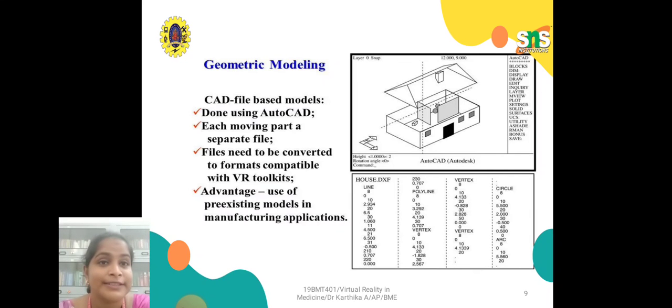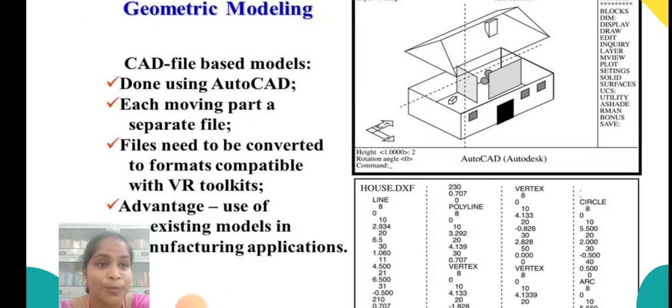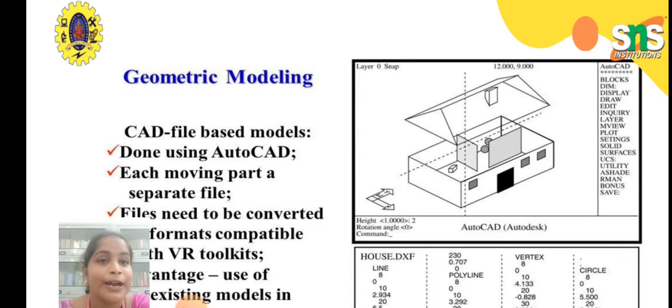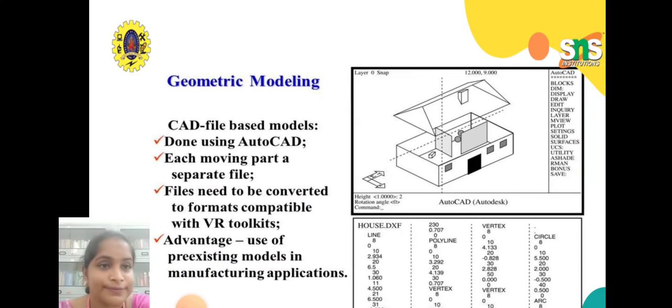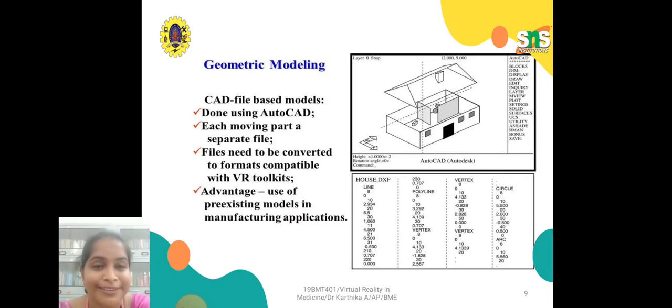See here the CAD file based models. With the help of Autodesk, we can create them. Geometric modeling is very tedious, but we have to create it perfectly for a better virtual reality environment. Also, we can use the pre-existing models for manufacturing upcoming applications.